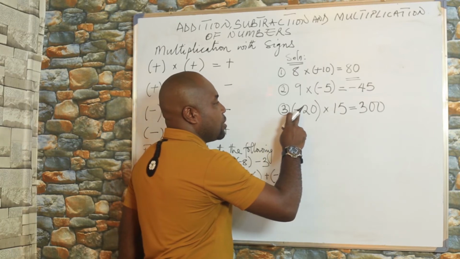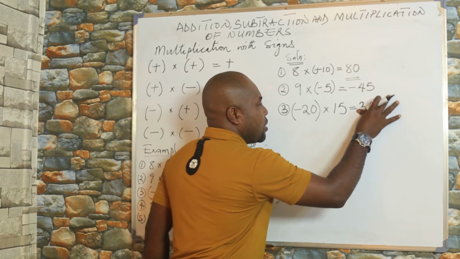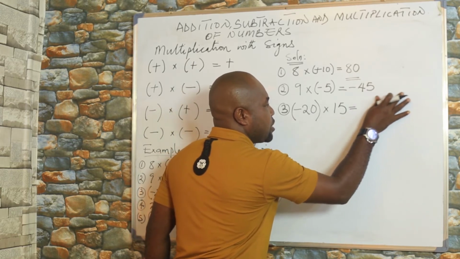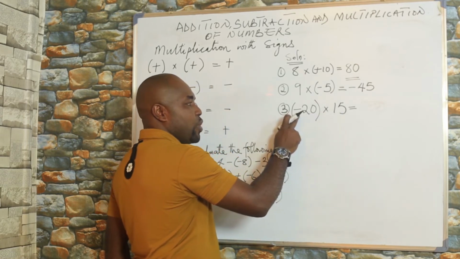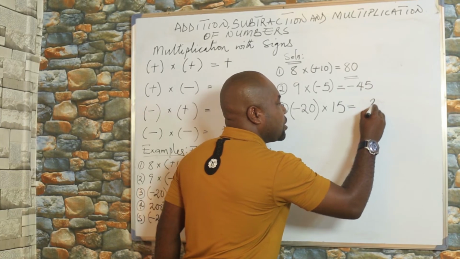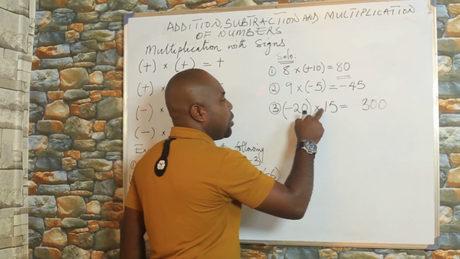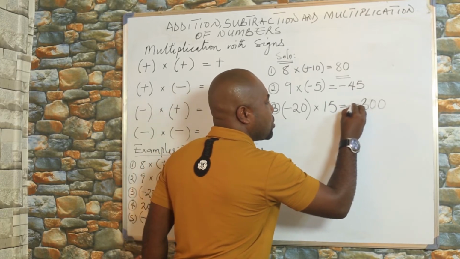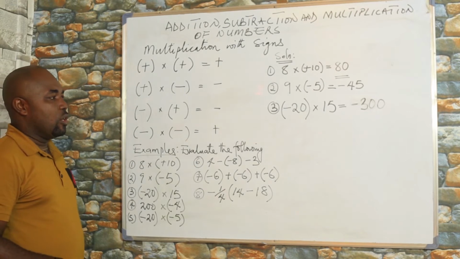Minus times plus. Plus is here. This is plus 15. This is negative 20. So 20 times 15 is 300. Minus times plus is minus. So our result will be minus 300.